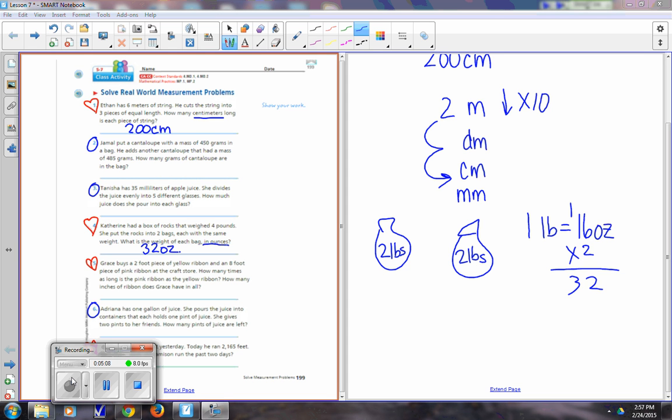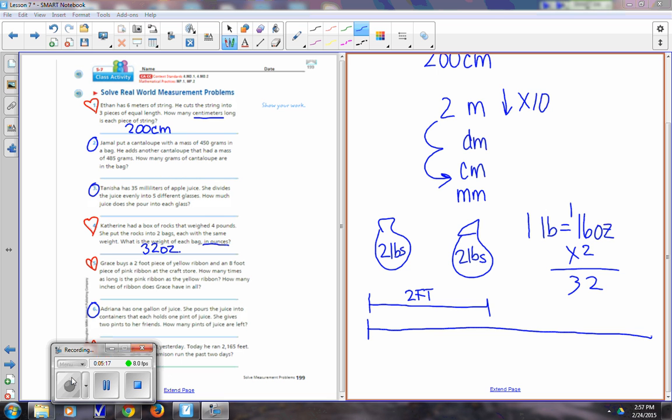Well, what do I have to multiply if I have a 2-foot piece of ribbon, and then I have an 8-foot? What do I have to multiply 2 times to get 8? I heard you through the speakers. 4 times.